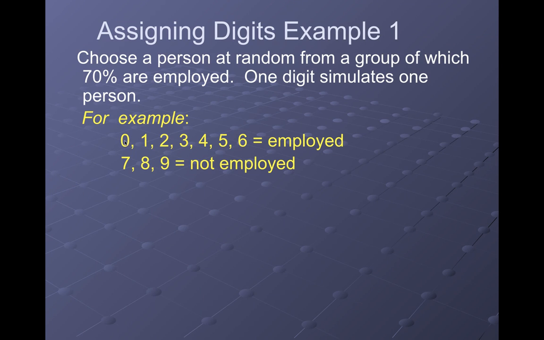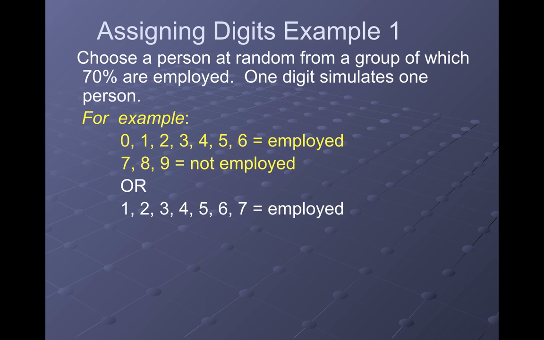I said let 0 through 6 represent employed, because those are 7 of the 10 digits, 70%. And the remaining 3, the other 30%, would represent not employed.